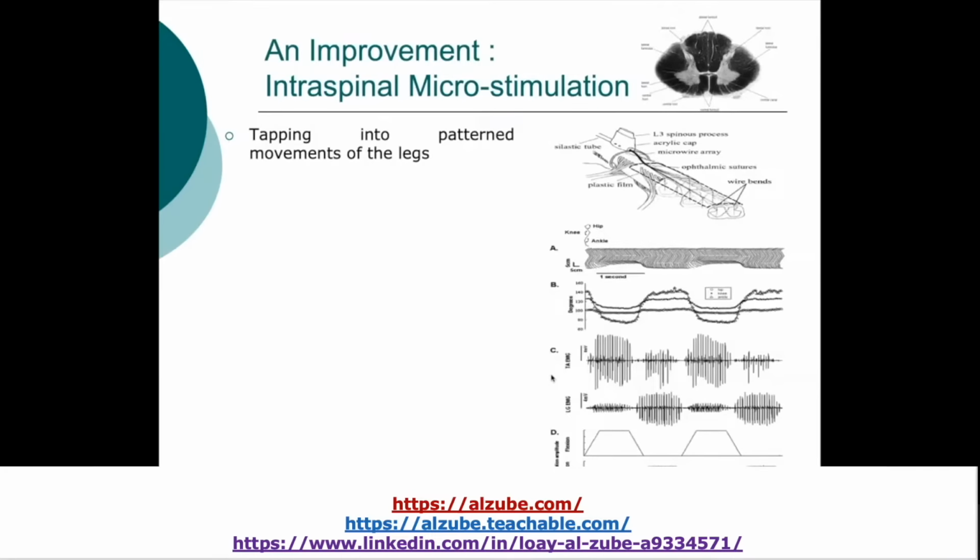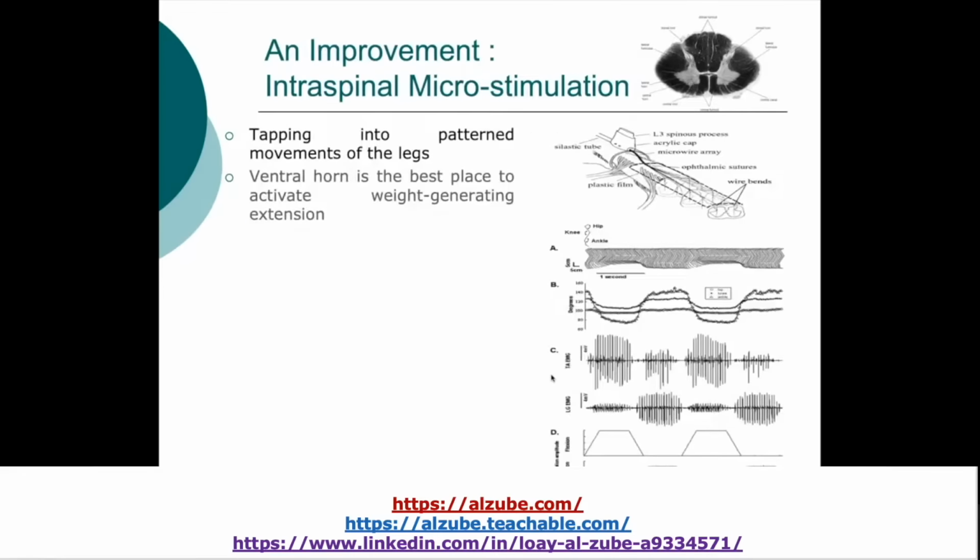Then we have an improvement in such devices with the invention of the intraspinal microstimulation, and it's tapping into patterned movement of the leg, so it helps improve synergy compared to the epidural spinal cord stimulation.